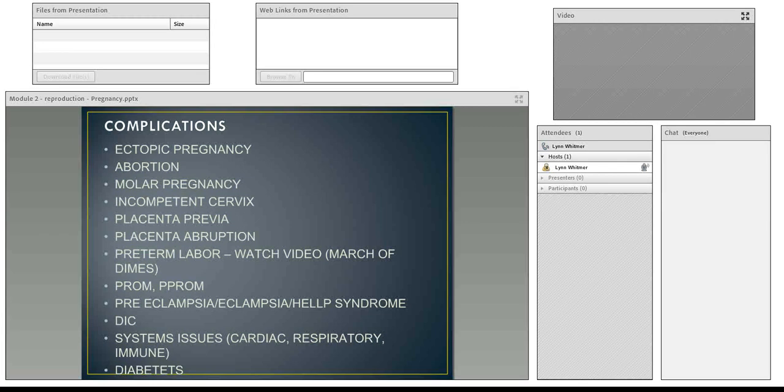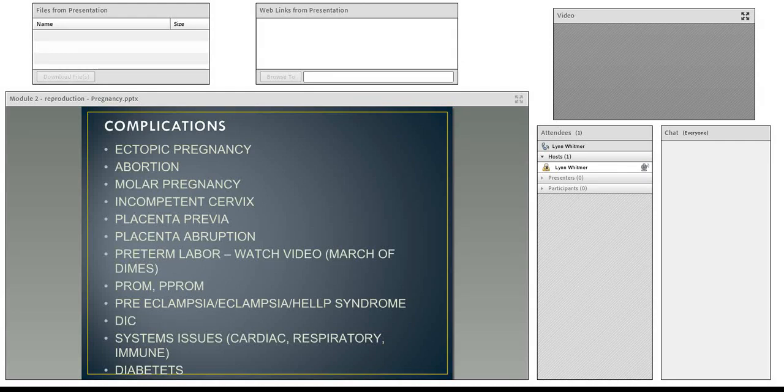A molar pregnancy. A molar pregnancy is where a group of cells, the sperm and the egg, got together, but for some reason there wasn't a nucleus in one or the other, and so we continue to have cell division, but those cells do not have a nucleus as well. This can be assimilated with the idea of cancer. The cells grow abnormally rapidly, so patients are going to have higher levels of HCG.